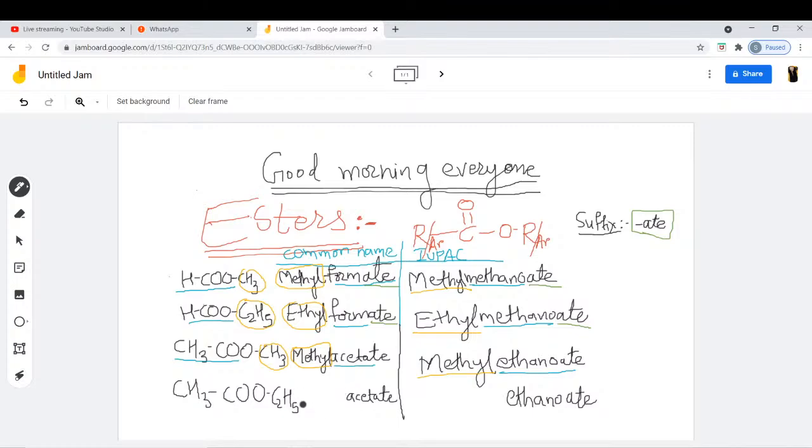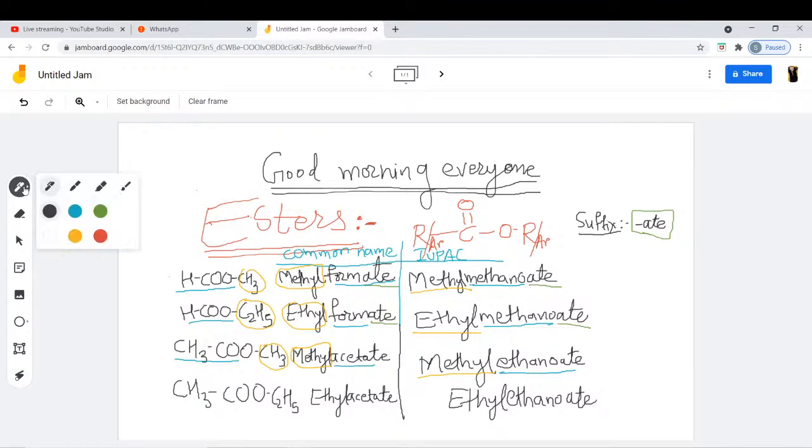Here an ethyl group is attached, so its name will be ethyl acetate. Of course it is acetate, but it will be ethyl acetate. Here is also ethyl, so ethyl ethanoate.